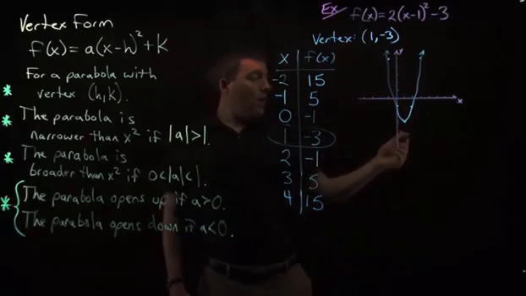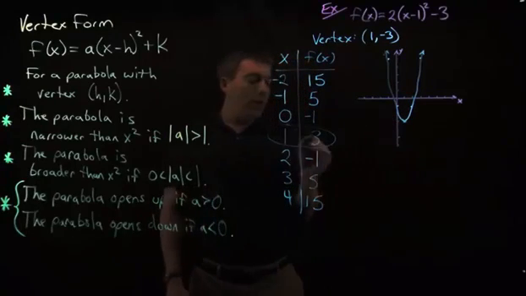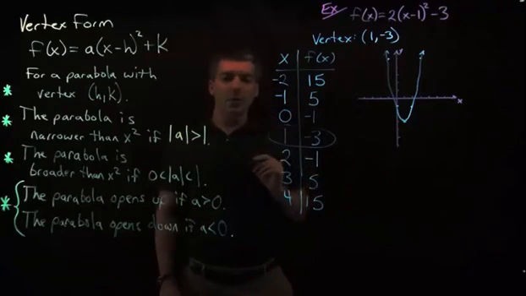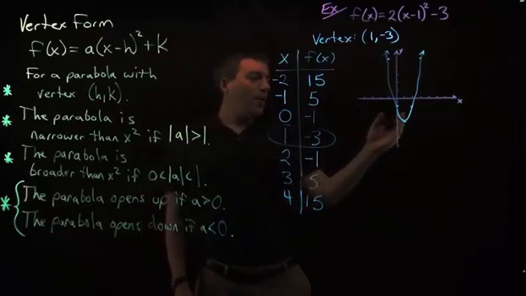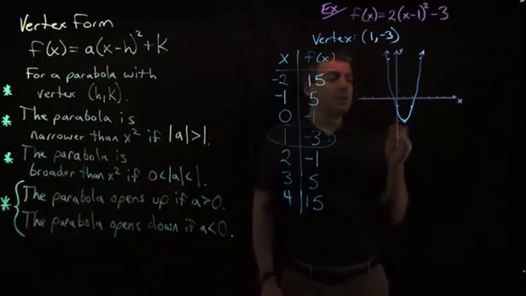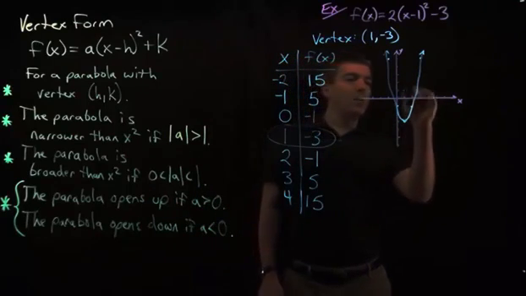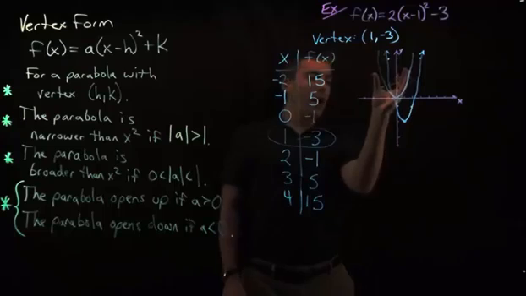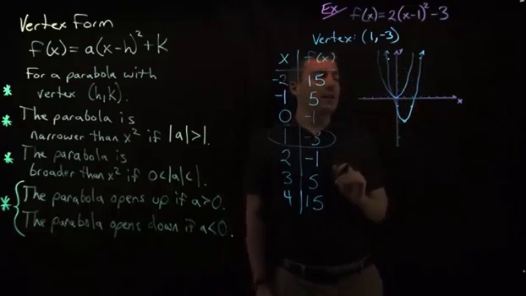We can see that 1, negative 3 looks like it is the vertex, and with the vertex form, we verified that. The graph here is narrower than x squared, as x squared would look something like this, wider than our example.